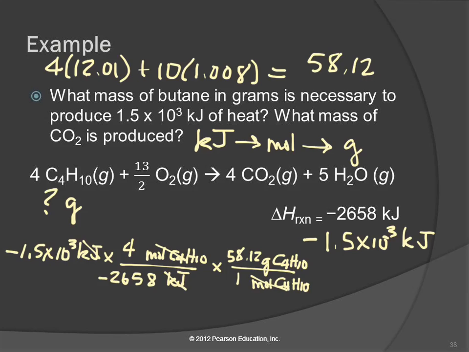So now we have 1.5 times 10 to the third, it's a negative number, times 4, divided by another negative number, times 58.12. That just doesn't look right to me. I think I did something wrong.